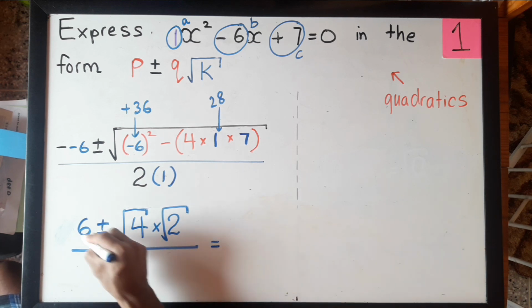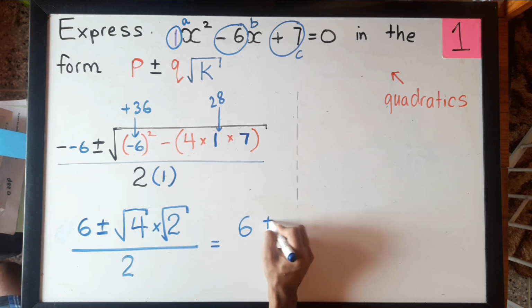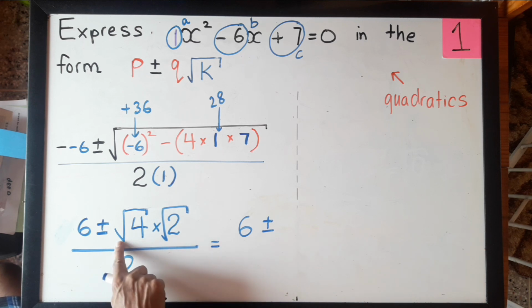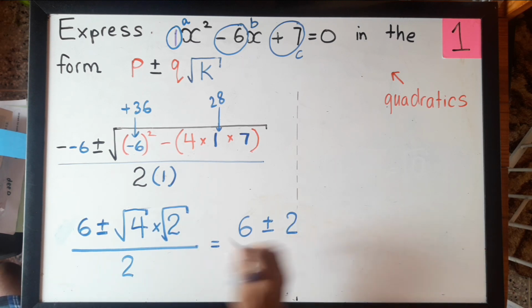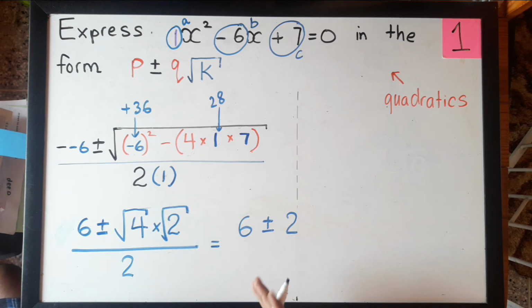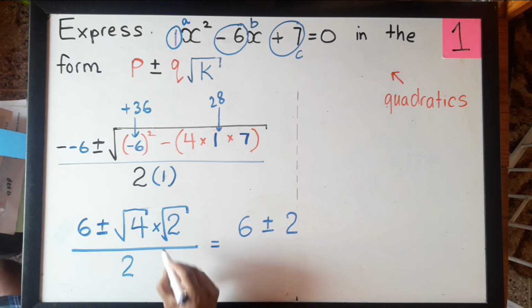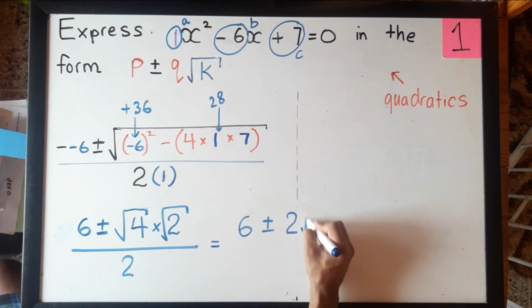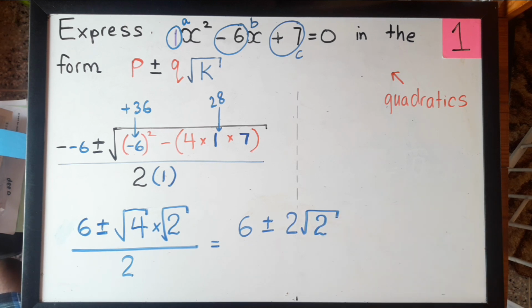So let's write this back. We have 6 plus or minus the square root of 4, which is very easy. The square root of 4 is 2. But remember, we should not square root 2 and put the long decimal. It will be impossible to write out the decimal in any case. So we're going to leave the square root of 2 as the square root of 2. It looks neater that way.